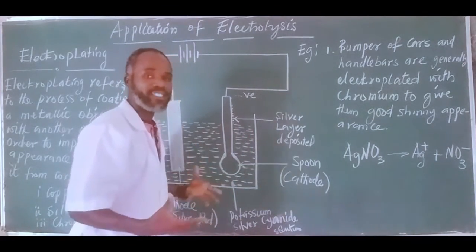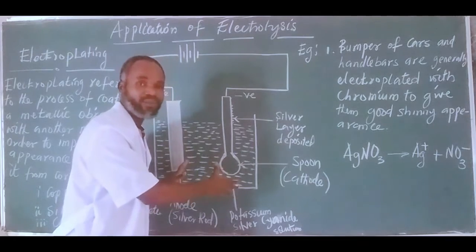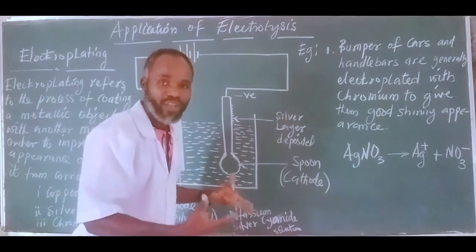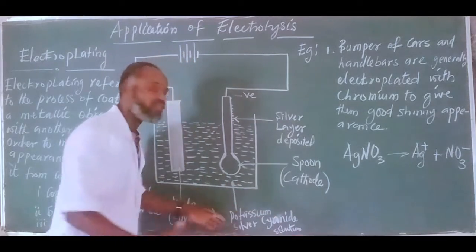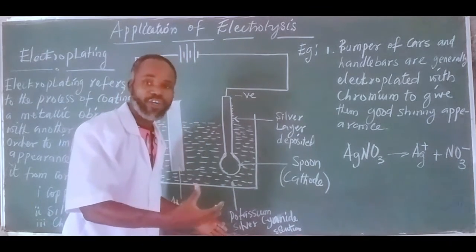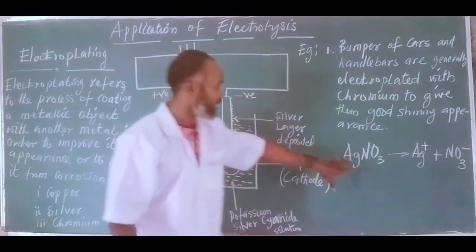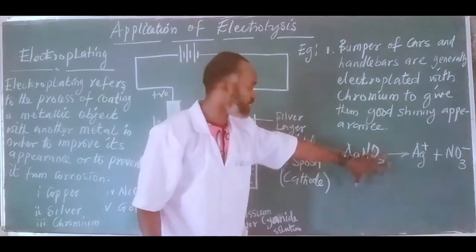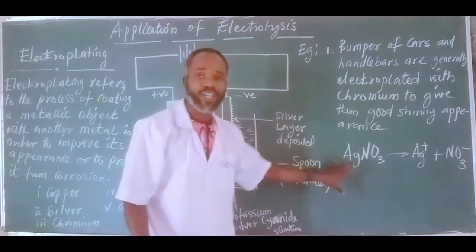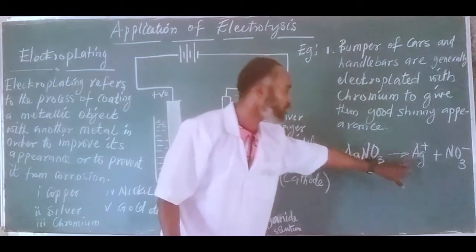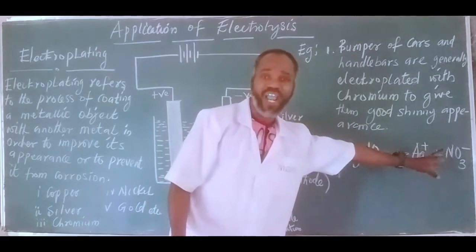Now, when current is made to pass through the system, there is this ionic process. The ionic process splits the silver nitrate solution into positive ions and negative ions, so to say. That's what you're seeing on the board. This is the silver nitrate solution. So when current is made to pass through, it splits into positive ions and negative ions.